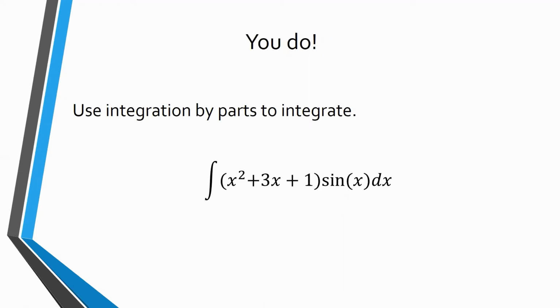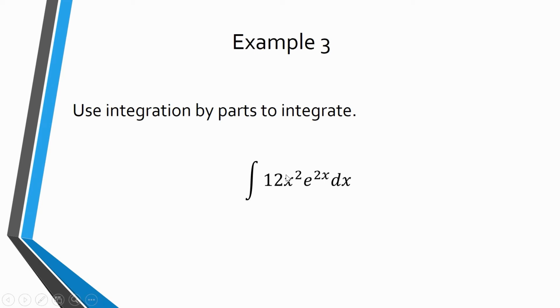In our previous types, the ones where we had polynomial times trig function or polynomial times e to a power, when the degree of this polynomial went up, it became more complicated. Well, in natural logs, the degree of this polynomial can be really, really big. In this case, we have x to the 17th multiplied times natural log of x that we're trying to integrate. However, even though the degree is pretty big, we can do this in one integration by parts step. Let's go ahead and show that.